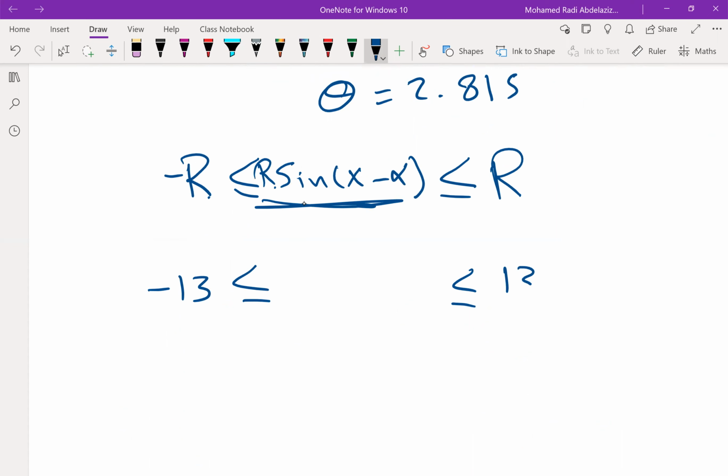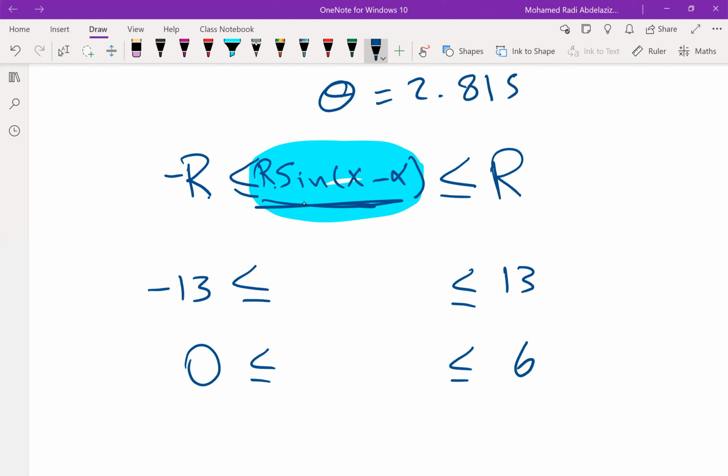So this expression now has a range between -13 and +13. But if we square it, to the power of 2, this squared part has to be between 0 and 169. This is r squared sine squared (x minus alpha).